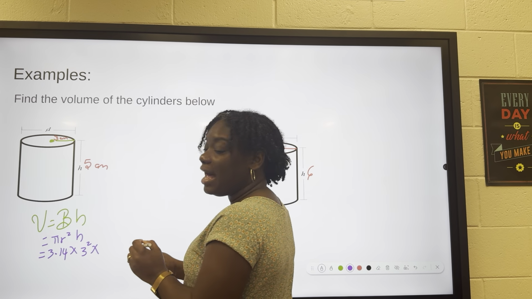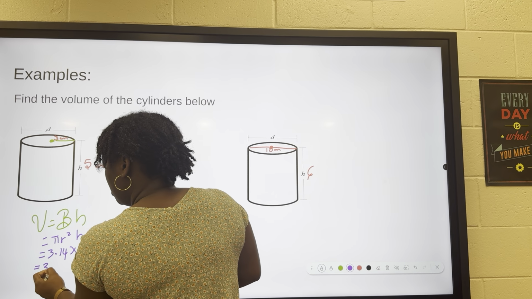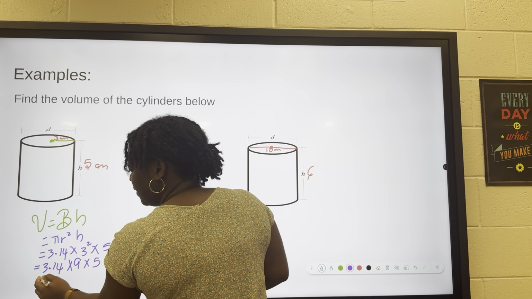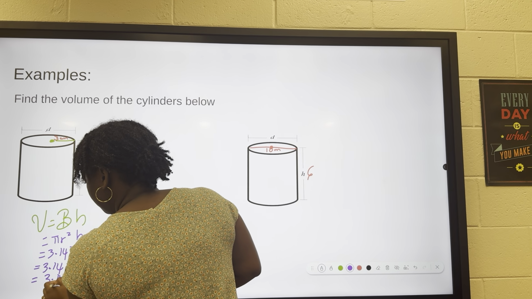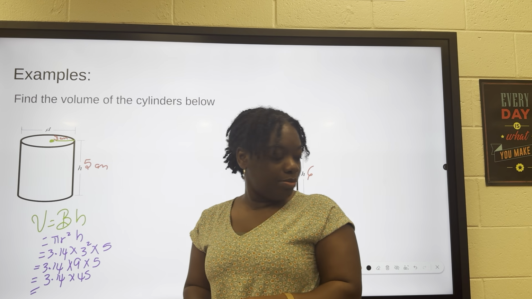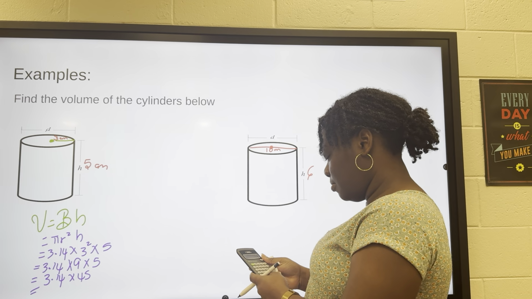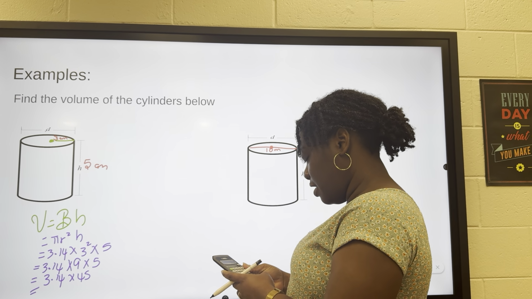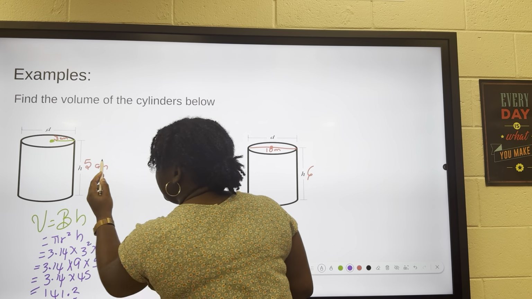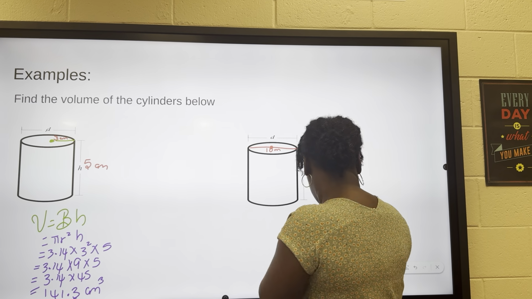And my height is 5. So that's 3.14 times 9 times 5, which is 3.14 times 45. Double check this answer for me. That's equal to 141.3, and my unit is centimeters cubed.